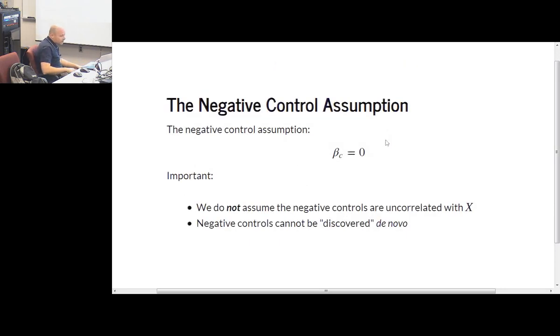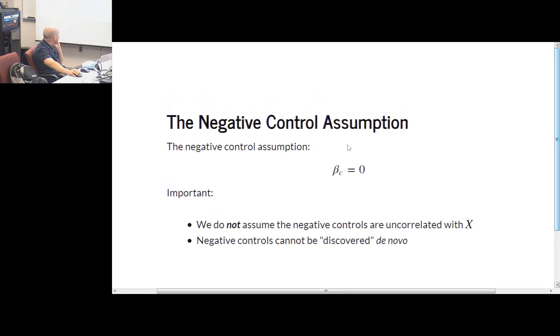Okay, so I want to stop and just talk for a second about this negative control assumption. This is our key assumption, that the negative controls are unaffected by our factor of interest. And what I really want to point out is that this has to be some sort of assumption based on prior knowledge.